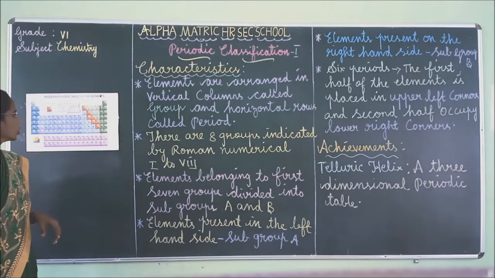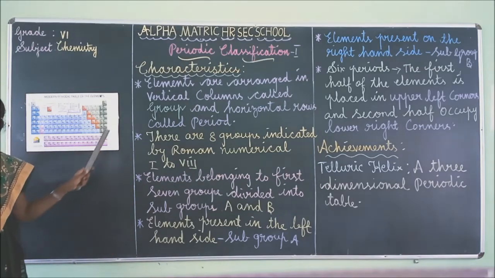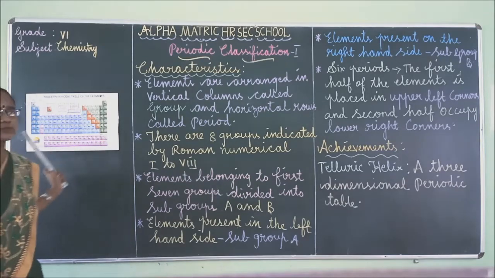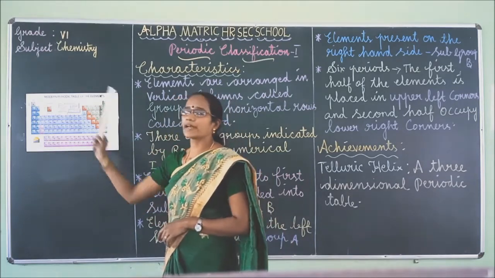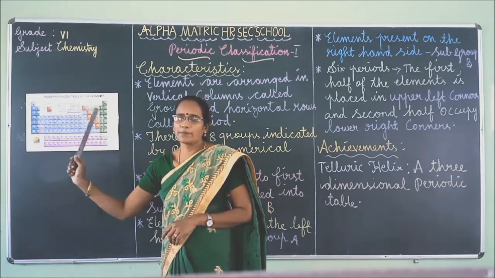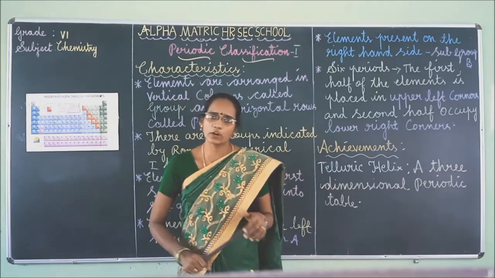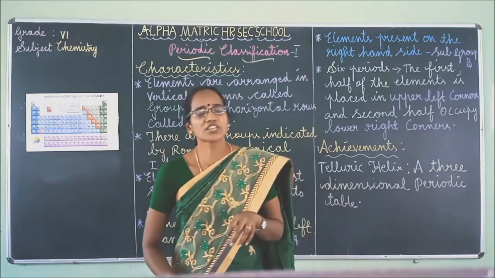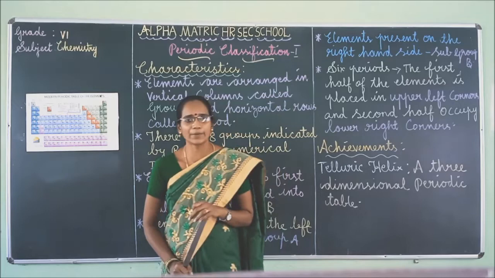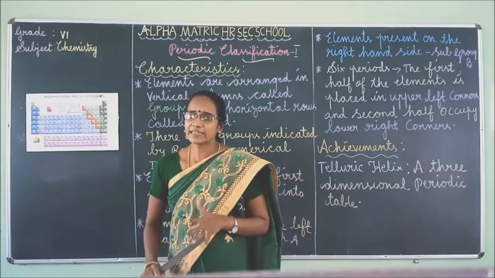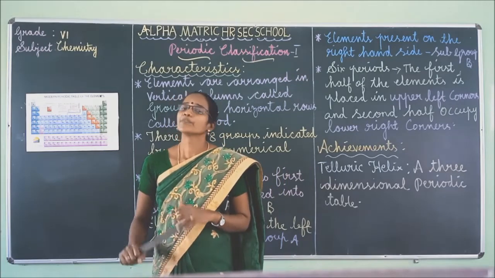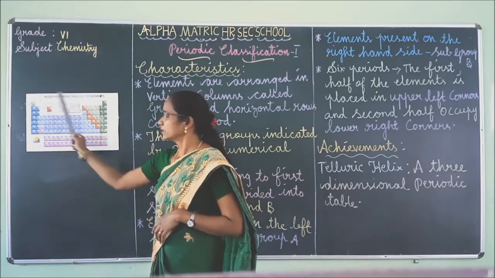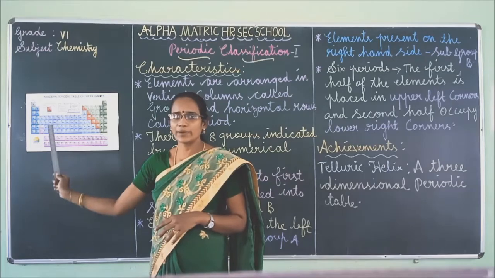So the modern periodic table is nothing but a tabular arrangement of elements. All the elements are arranged in a tabular form, present in rows and columns, highlighting the properties of the elements, right?